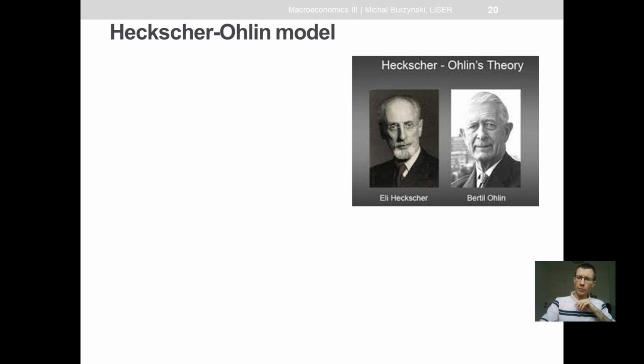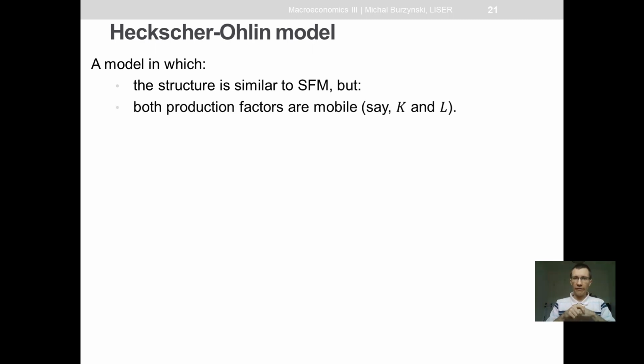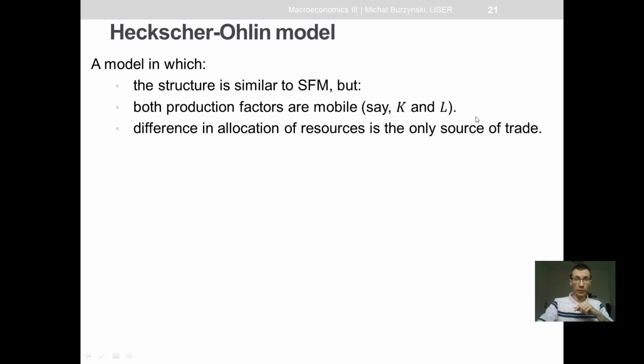Here in the Heckscher-Ohlin model, we will consider two countries, two different countries, two sectors, which mean two different goods, and two factors of production. So that we can say that the structure of the model is similar to the specific factors model, but we have two economies now and two factors of production, both of them being mobile, let's say capital and labor.